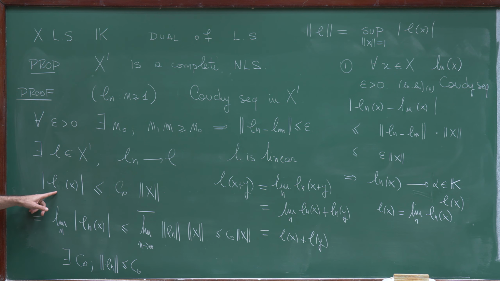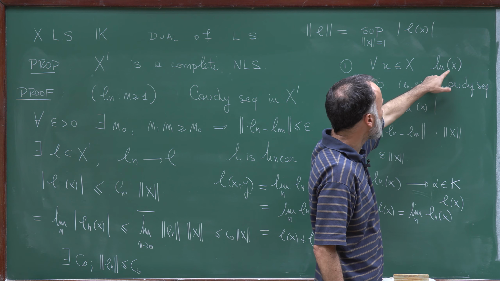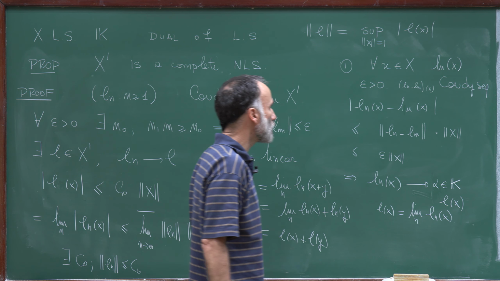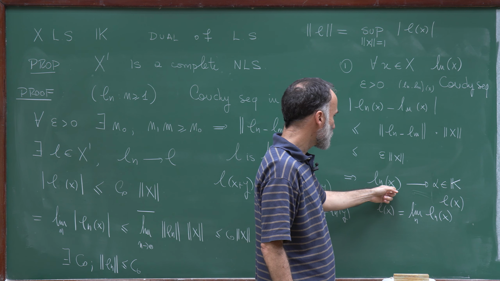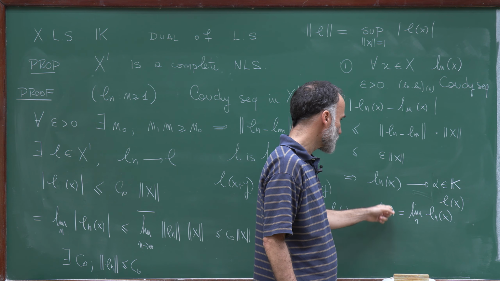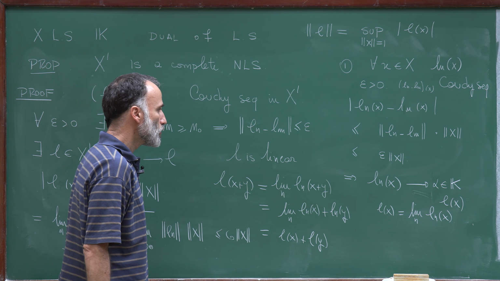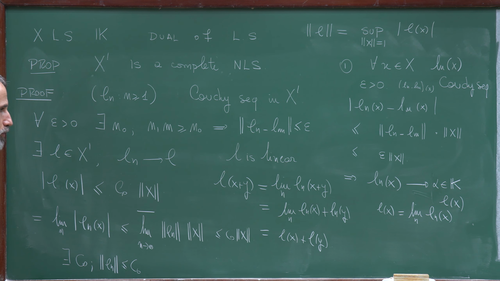So we proved that L, which is defined as the pointwise limit of Ln x, of Ln, right? We proved that for any x, Ln x converges, and we defined L as the pointwise limit, so L of x as the limit of Ln x. We proved that the function defined by this formula is linear, is actually a bounded linear functional, and therefore we have now our candidate L, a bounded linear functional.